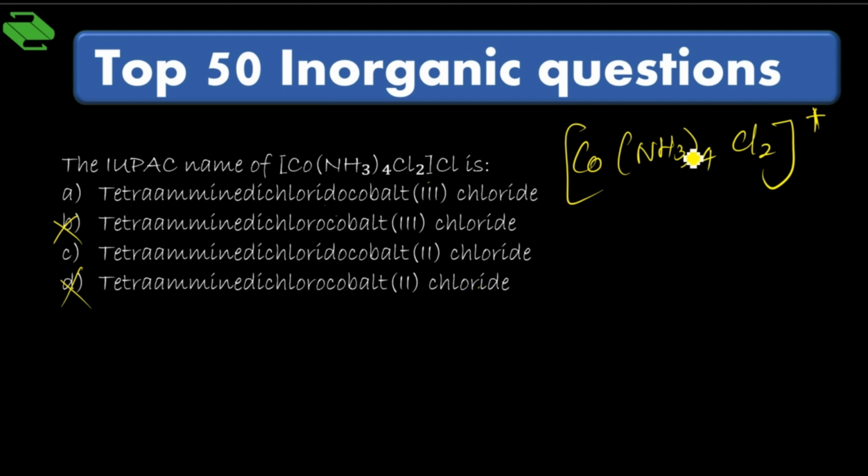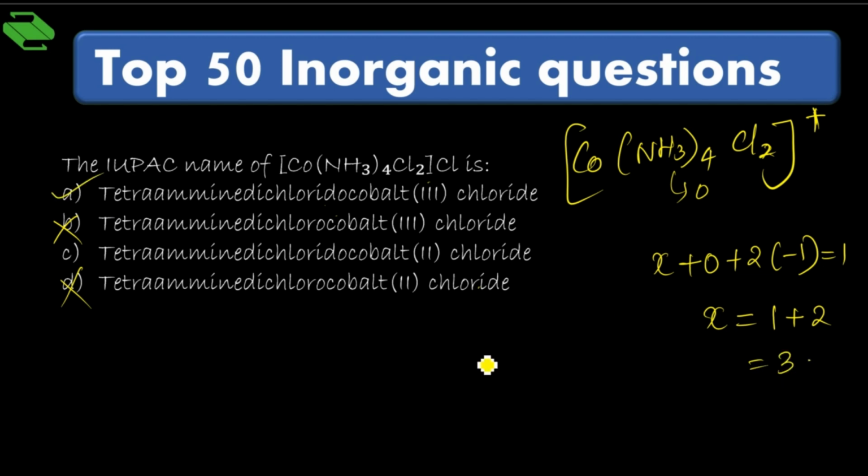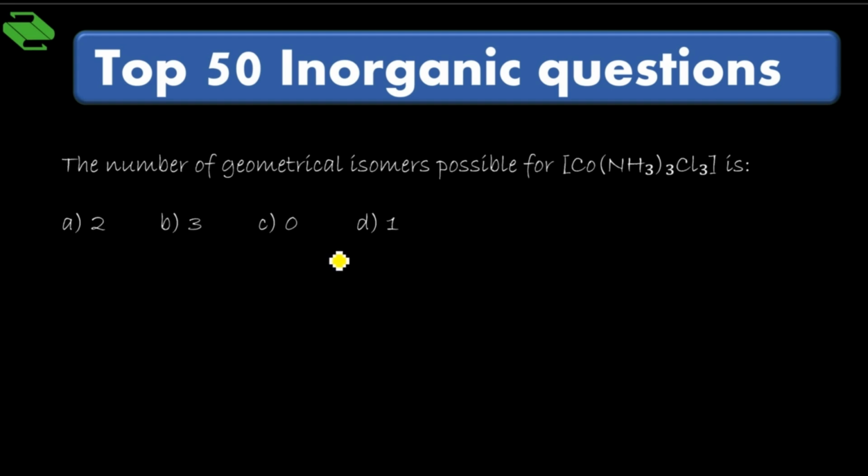So amine ligand is a neutral ligand, and the remaining I am having 2 and then plus 1. So X plus 0 plus 2 into minus 1 equal to 1, which makes it 1 plus 2, that is 3. So the answer to this question is option A. How many geometrical isomers are possible for A3B3 type?